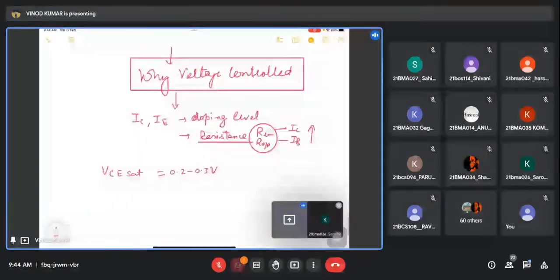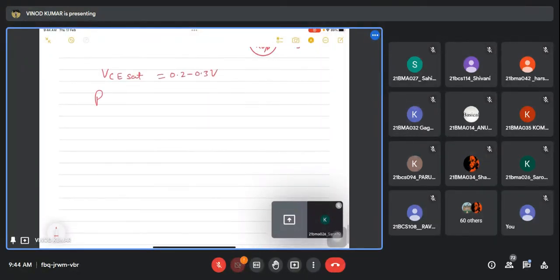Power dissipation across this device is VCE into IC. So VCE saturation is very small, so power dissipation is small when the device is operating in saturation, isn't it?